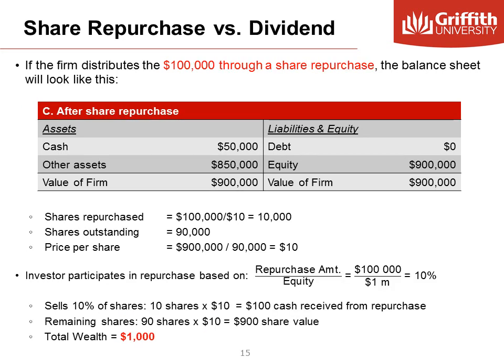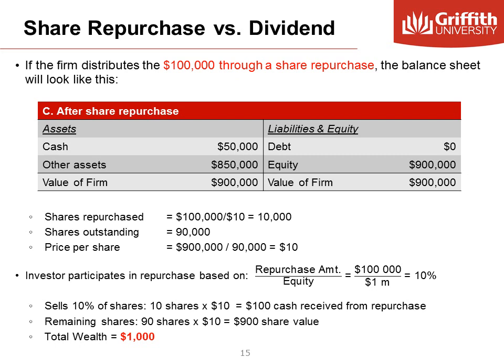Now, if the firm decides instead to repurchase the shares, again, the cash balance is reduced on the asset side of the balance sheet. The difference here is that the number of shares outstanding reduces as well to 90,000, because the company repurchases $100,000 worth of shares, or 10,000 shares. The price per share remains $10 as the original value.